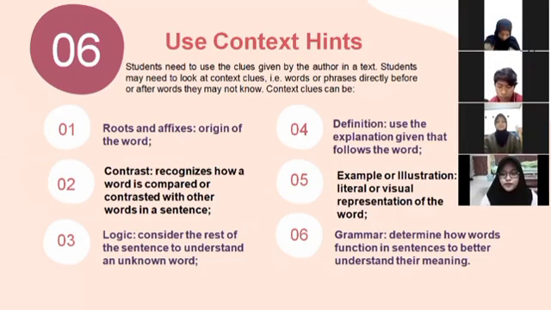Second, contrast, recognizing how a word is compared or contrasted with another word in a sentence. The third, logic, considering the rest of the sentence to understand an unknown word. Four, definition, the explanation given that follows the word.